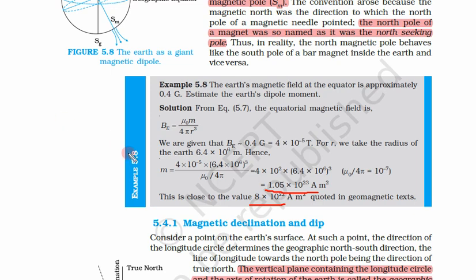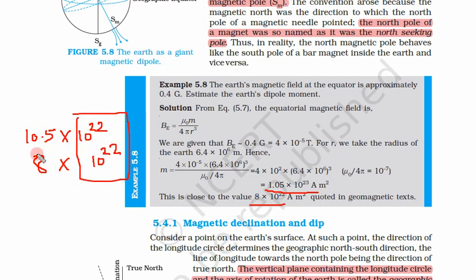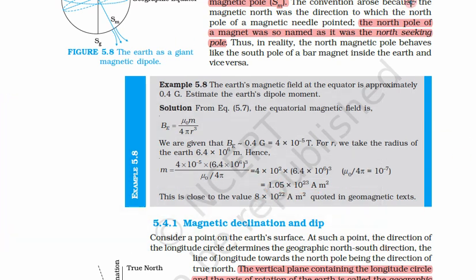Let us see whether they are close or not. Let us reduce this power, so this becomes 10.5 into 10 to power 22. The actual value is 8 into 10 to power 22. So the power is the same, only the value is a little bit different. Instead of 8 we are getting 10.5, but the result is approximately the same. So our results are correct.